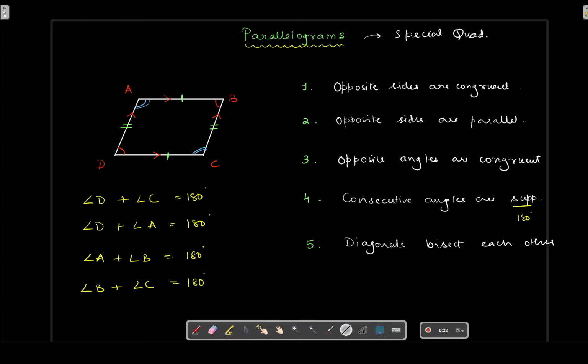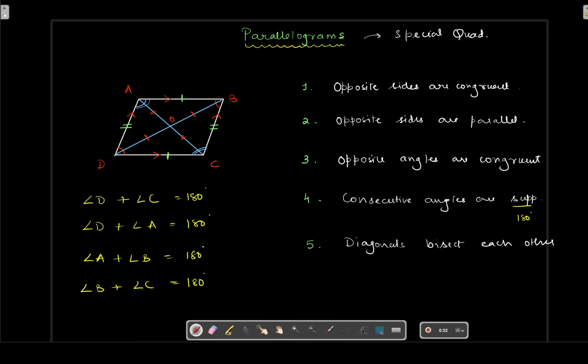Okay, so I'm going to draw a diagonal. This is the first diagonal DB and the other diagonal is AC. So they are going to bisect each other. That means if this point is O, so DO will be equal to OB and AO will be equal to OC.